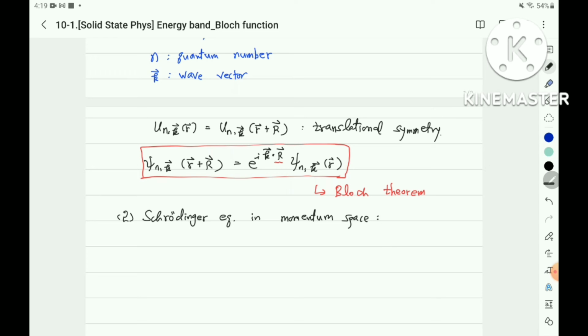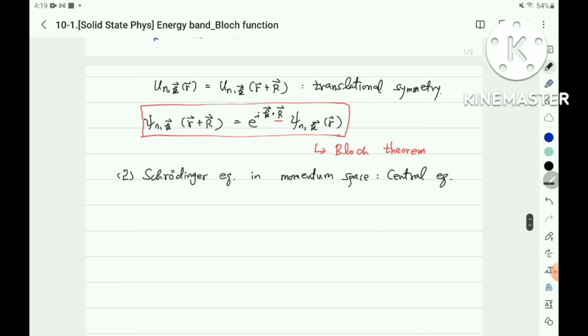Actually, in the previous lecture on structural properties of solids, I talked about this: because the ionic spacing in a solid is very small, we cannot observe the ionic lattices or atoms directly.